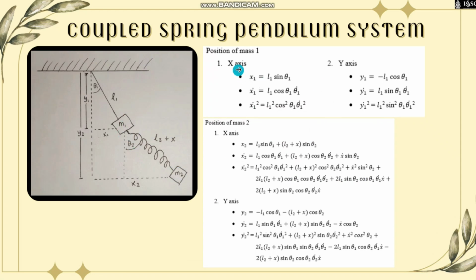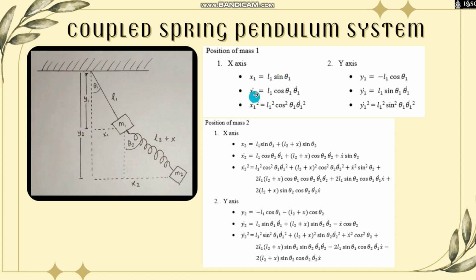The position of mass 1 on the x-axis, x1, is equal to L1 sin theta. We can use trigonometry to find x1, because x1 is opposite the angle, so x1 equals L1 sin theta.